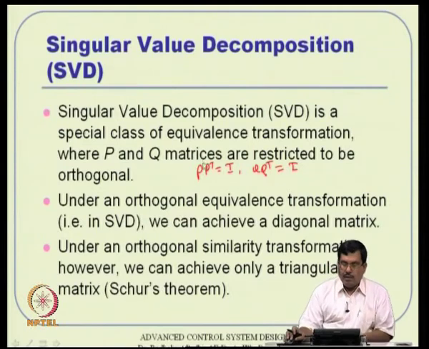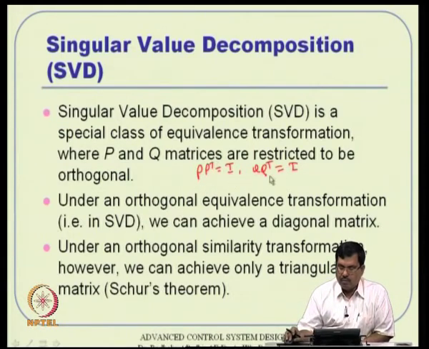Anyway, if I constrain these matrices so that P P transpose equal to I and Q Q transpose equal to I, then the reduced form that I get is nothing but a singular value decomposition, and we will see that in an example also. So, what it tells us is that under an orthogonal equivalence transformation, we can achieve a diagonal matrix.